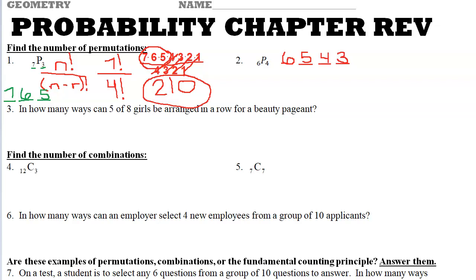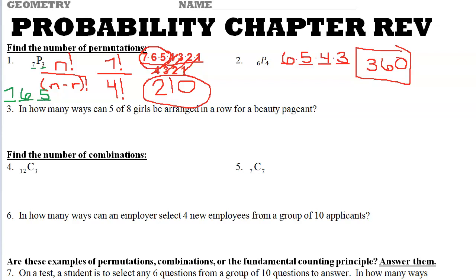If you did the formula, you would find out that it would all cancel out and reduce down to create this exact same scenario. Anyway, 6 times 5 is 30, times 4 is 120, times 3 is 360. All right, so no matter how you set it up, you're going to get the same answer.